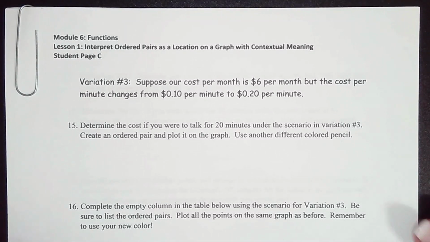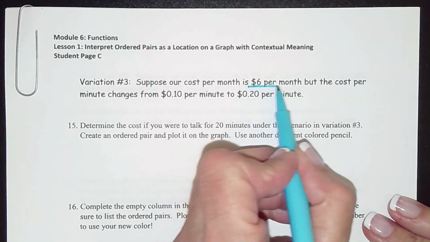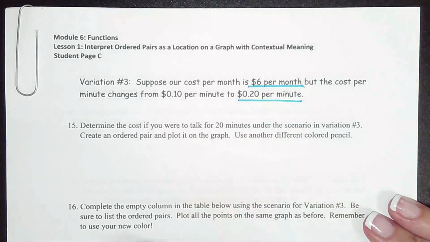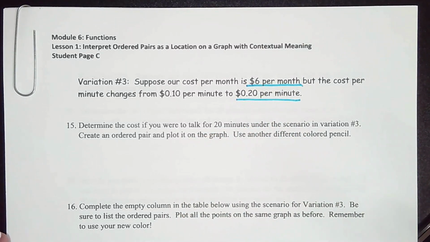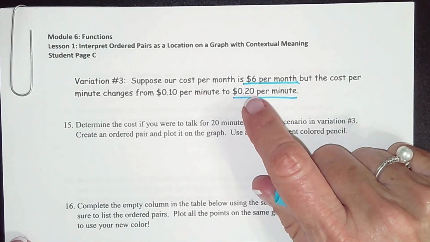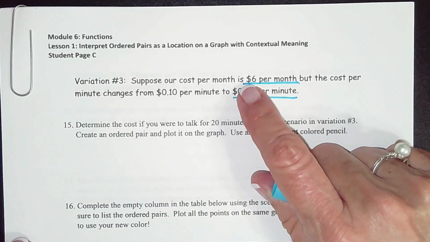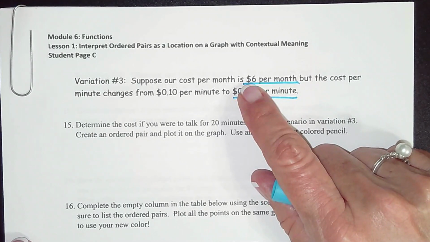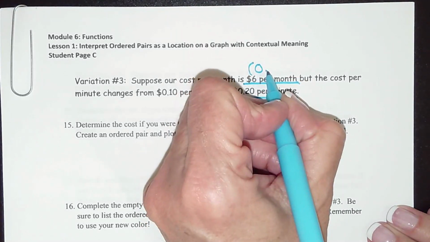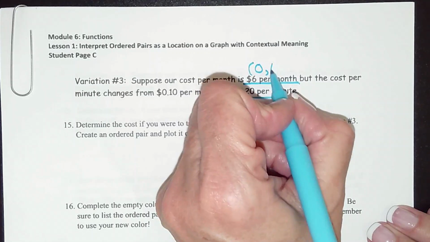Okay, here's our third variation. So this time our cost is going to stay $6 per month, but the per minute charge is going to turn into 20. So let me remind you, the base cost, because if you were to talk 0 minutes, the base cost would be $6. That will always be your y-intercept, and the y-intercept always has x 0.